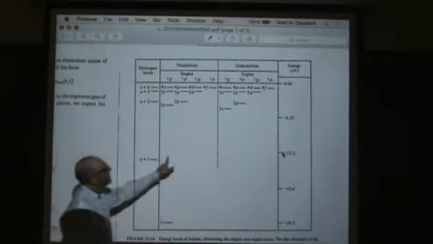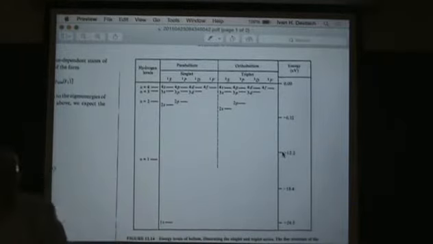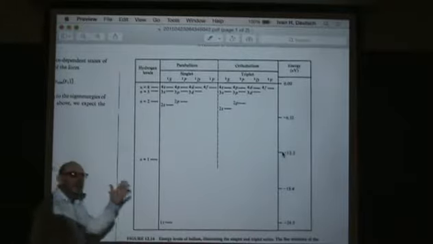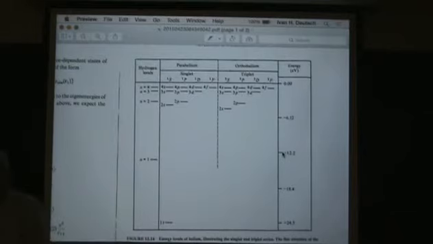Now, this is broken up into two columns here, what's called orthohelium and parahelium. In days of yore, it was thought that there were two species of helium because they saw two spectra associated with the transitions between the triplet levels and the transitions between the singlet levels.